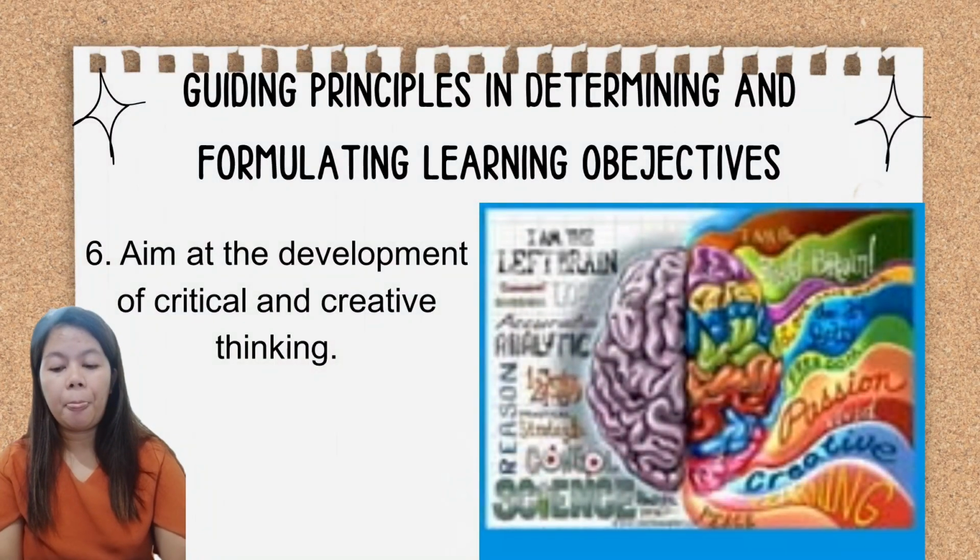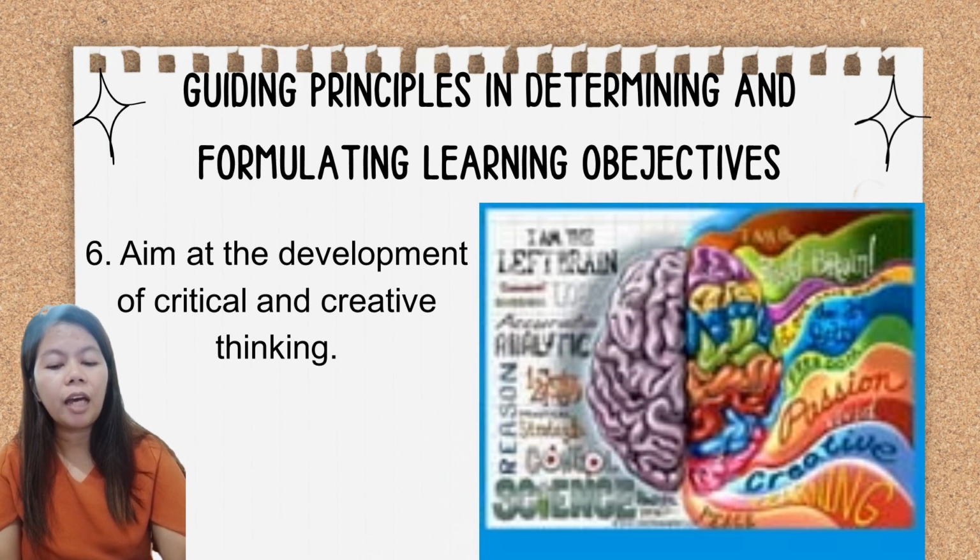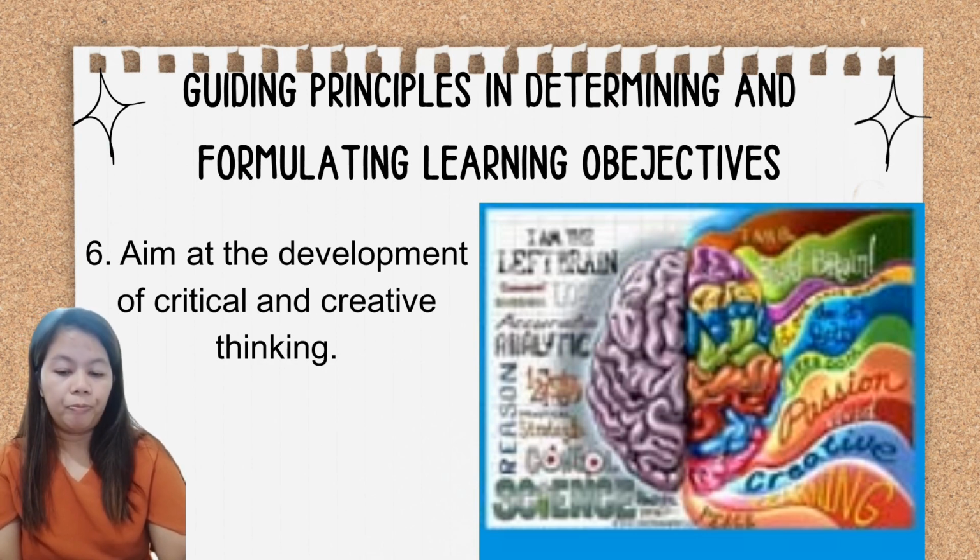Number 6. Aim at the development of critical and creative thinking. We need not go into laborious research to be convinced that the development of critical and creative thinking is wanting in classrooms.